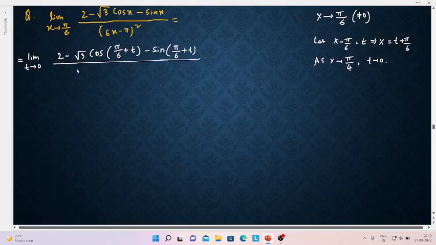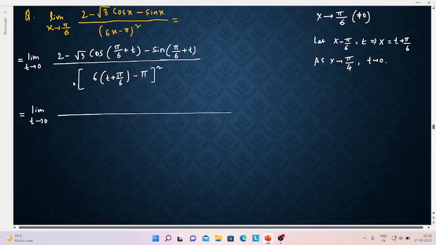On the denominator, x equals t plus pi by 6, so that can be written as 6 times t plus pi by 6, minus pi, whole square. We can write this particular function into that particular function, so it will become limit t tends to 0.